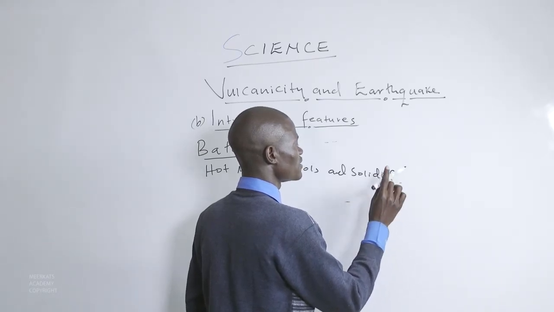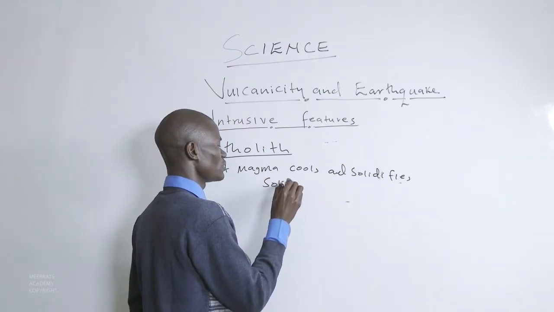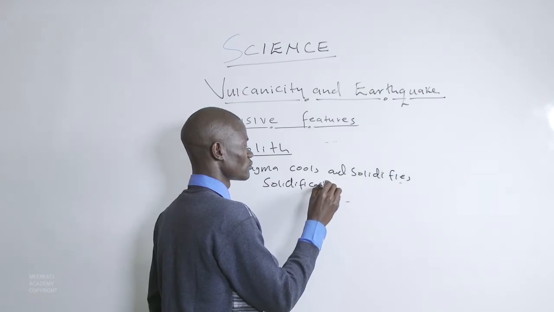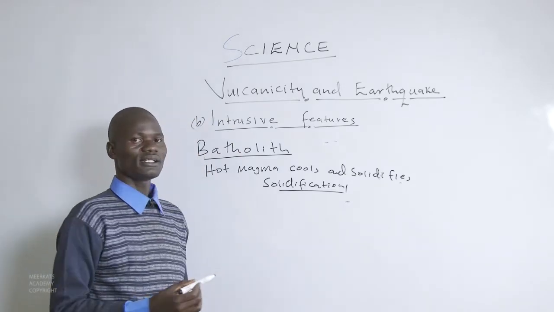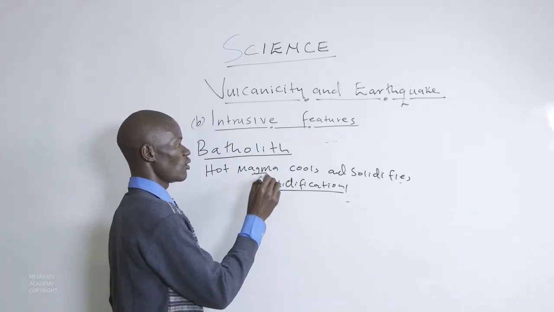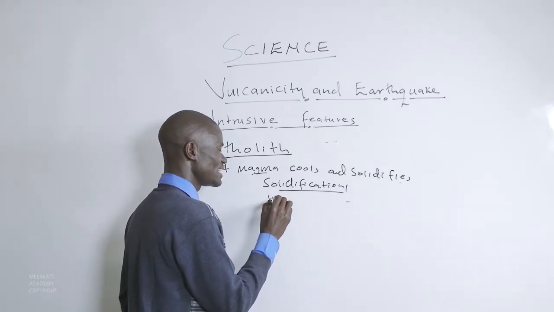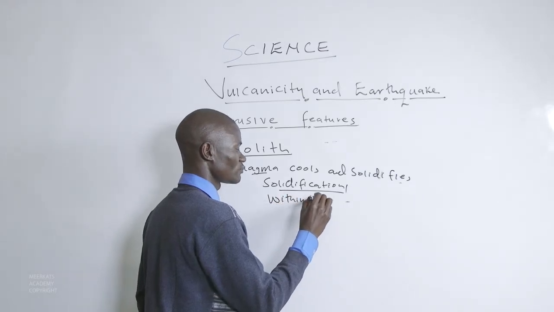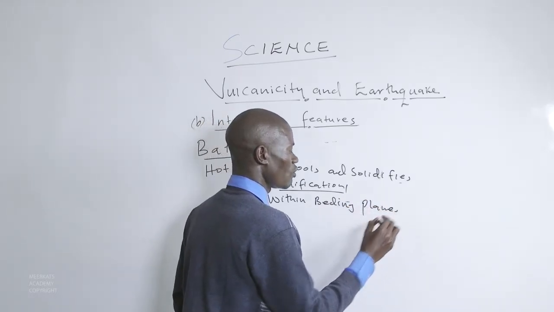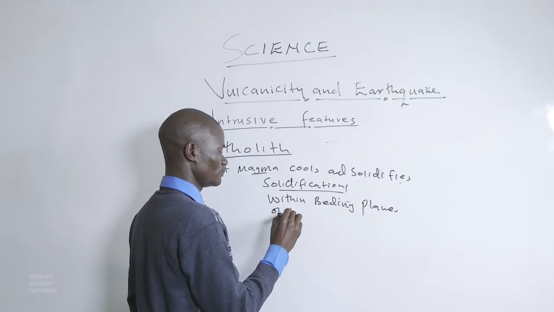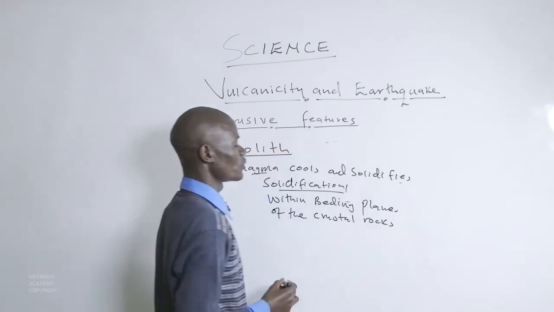In the process of solidification, as it solidifies, it also cools, and then it leads to the formation of solid materials that are formed within the bedding planes of the crustal rocks, within the crust.